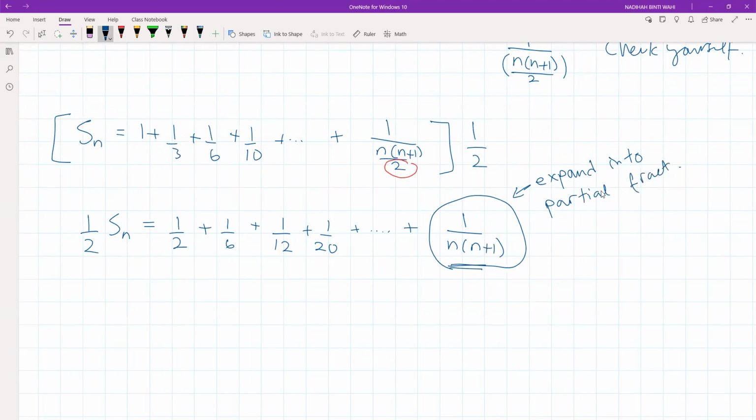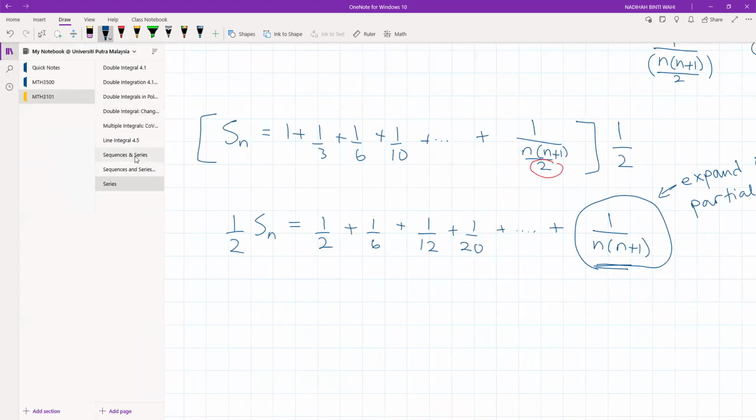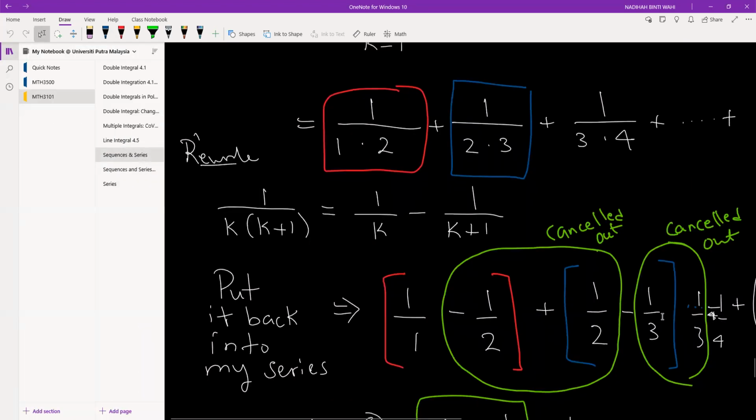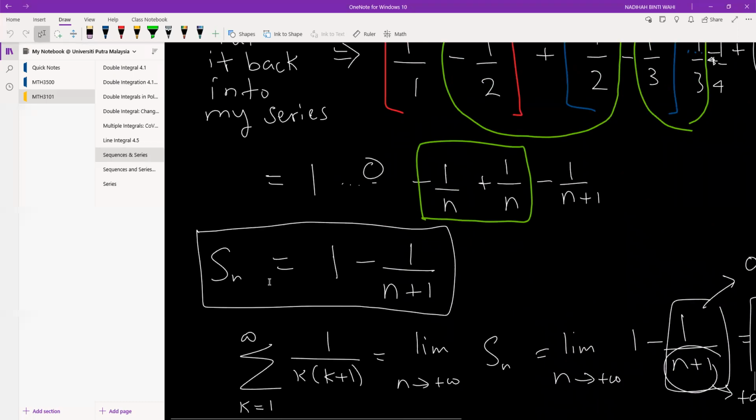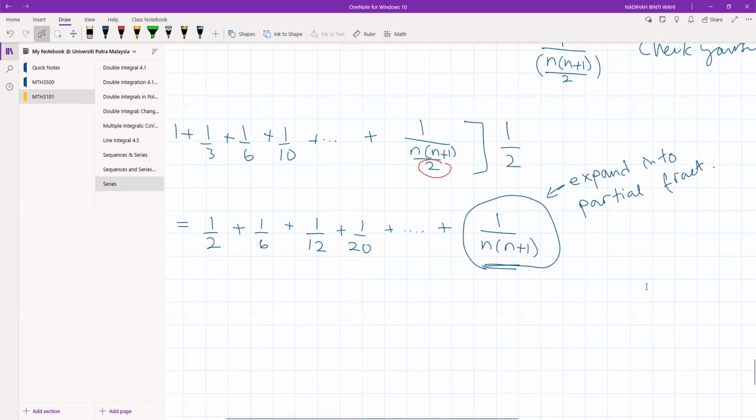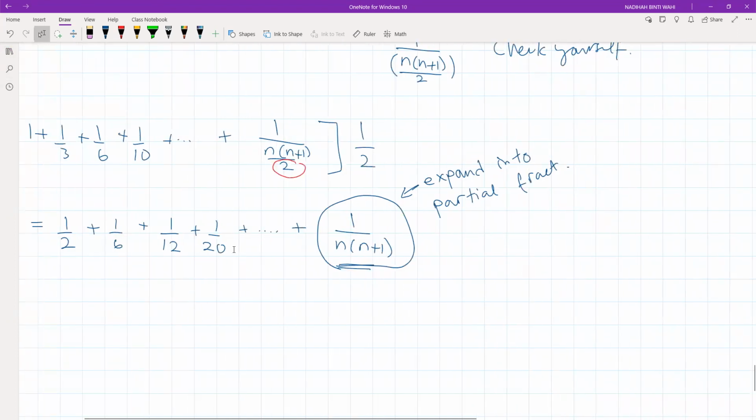So when we take back what we did, Sn is 1 minus 1 over n plus 1. We did this before, that's why I didn't explain. So we can see that the series is just 1 minus 1 over n plus 1.